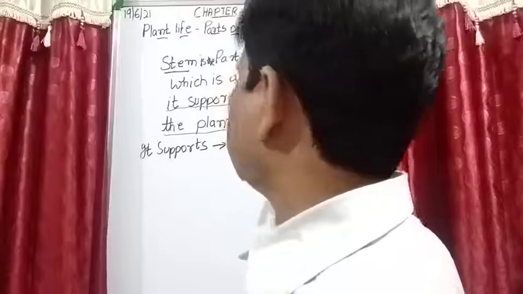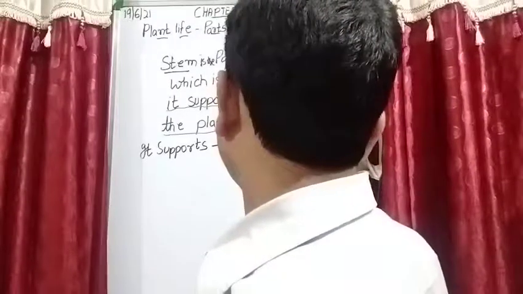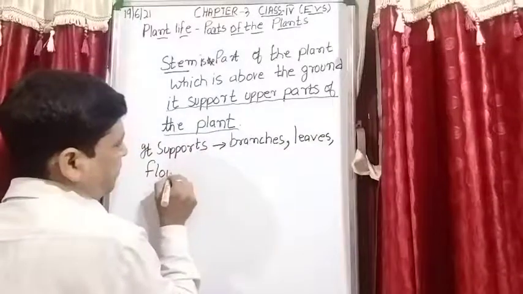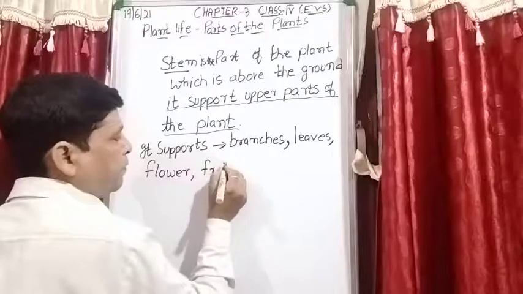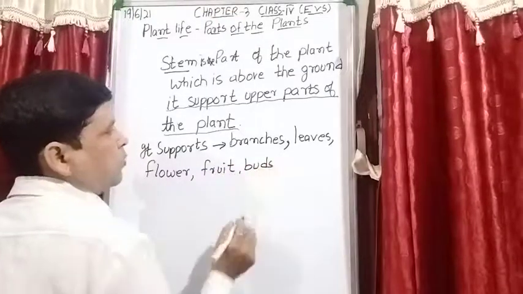because branches कहाँ होती हैं? स्टेम में ही होती हैं. It supports the branches, leaves, flowers, fruits, birds.